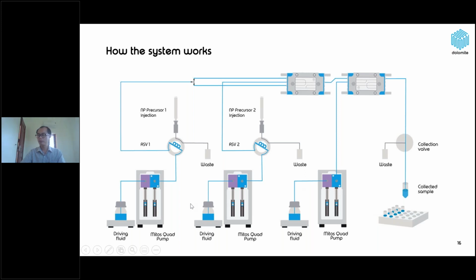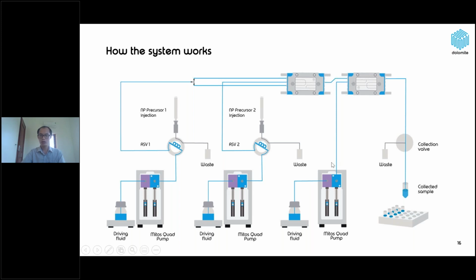One pump is driving the first nano precursor, basically a buffer solution, for the outer channels, and the second pump is pumping the second precursor like lipids and ethanol, and we introduce it to the inner channel in here. This is the first chip. And the product will go from the first chip to the second chip for dilution.